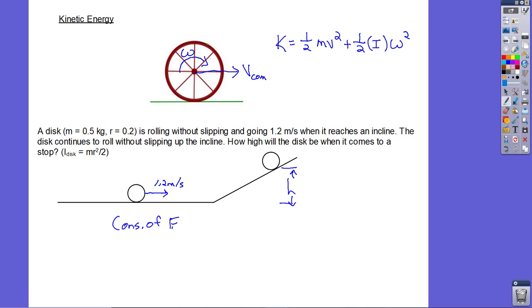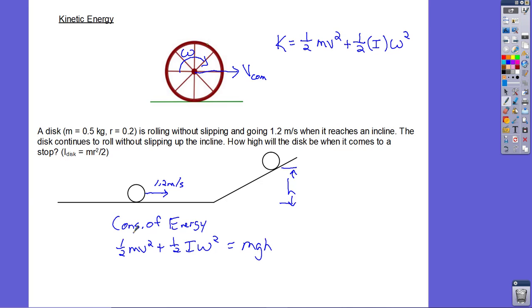So conservation of energy, and our equation from that would be 1/2 mv squared plus 1/2 I omega squared is equal to, at the top here, it's going to have all gravitational potential, mgh. Actually if you write this statement, then they know you're using conservation of energy. That's good enough. But it's nice to see that without any numbers put in there. But some students will forget one of these terms.